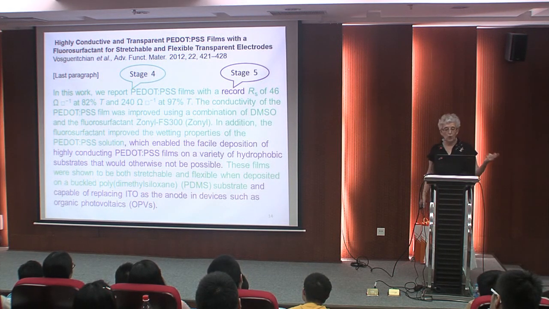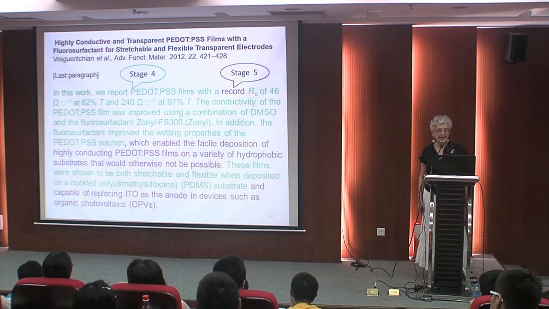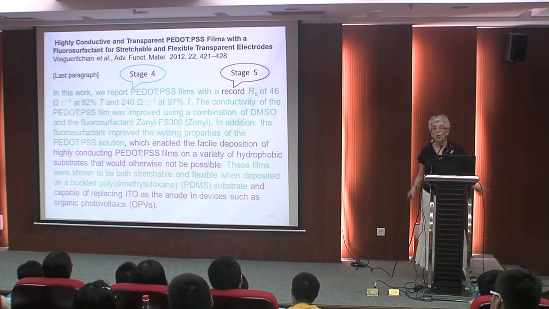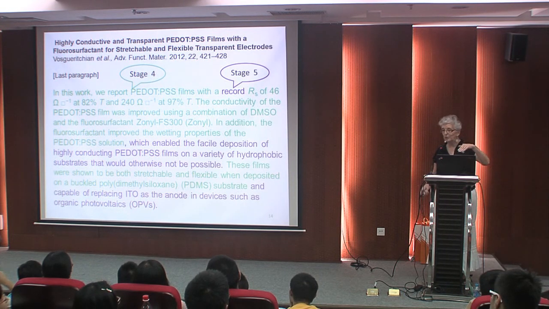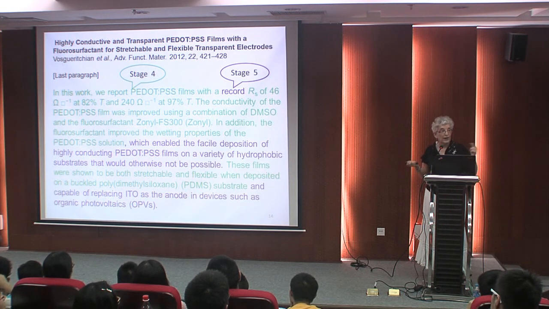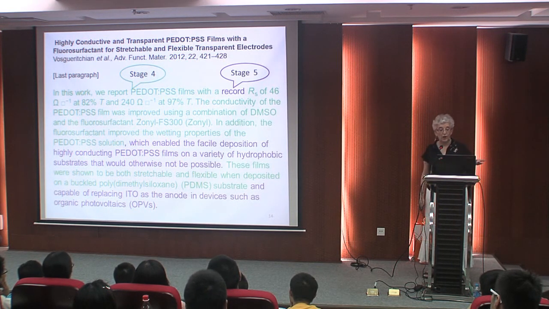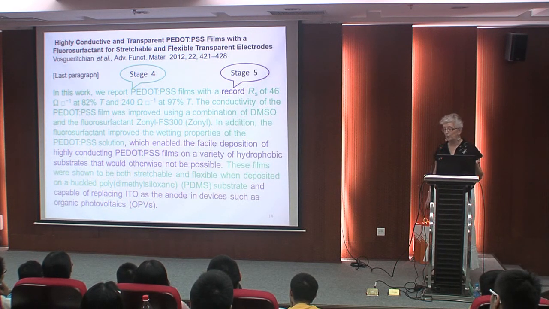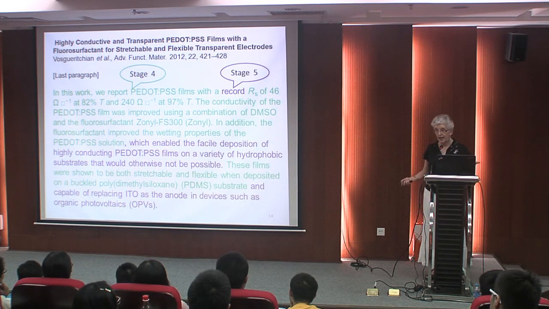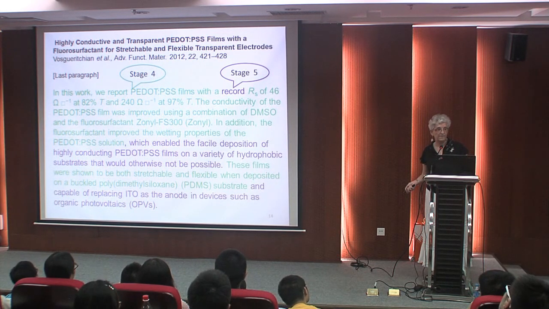These films were shown to be both stretchable and flexible when deposited on a buckled PDMS substrate. More results. Now the last bit, if I could do green and purple together, I would, because it's a mixture, and capable of replacing ITO as the anode in devices such as organic photovoltaics. Okay? So that's our stage 4 and 5.